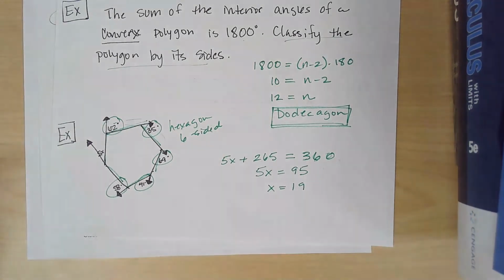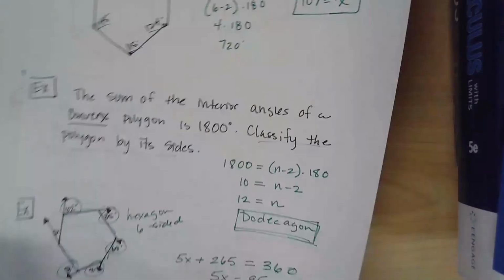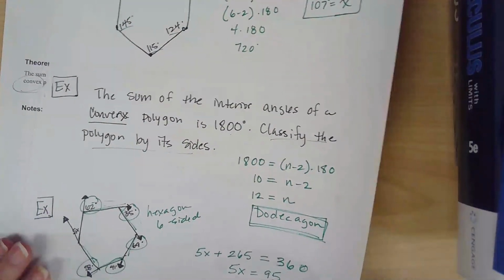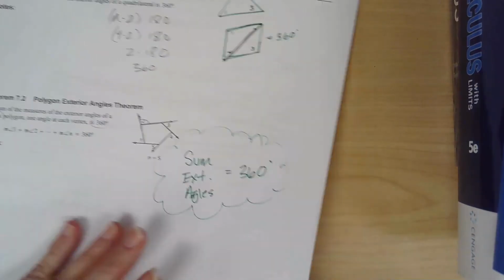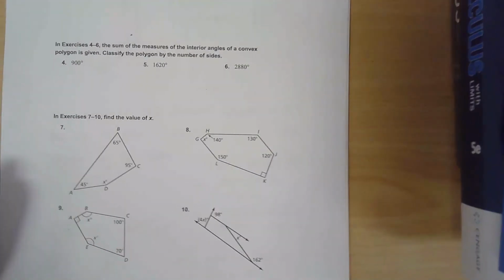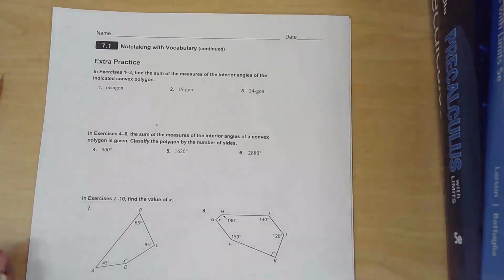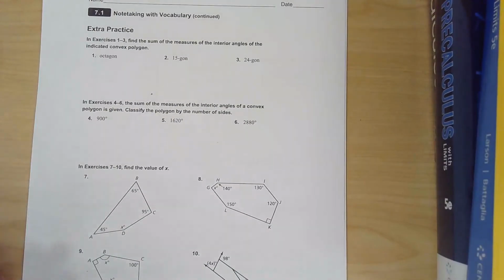All right, so what I'd like you guys to do now, this is really the gist of this section: a couple vocab terms and those two main theorems. Let's talk through page 199, which is extra practice. What I would do right now in the video, because I know you guys are watching this and obviously I can't make you do this, is my suggestion to pause the video and try to answer this whole page.